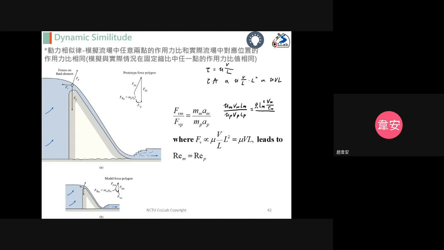This is rho_p multiplied by the L_p cubic and the V_p divided by the T_p.